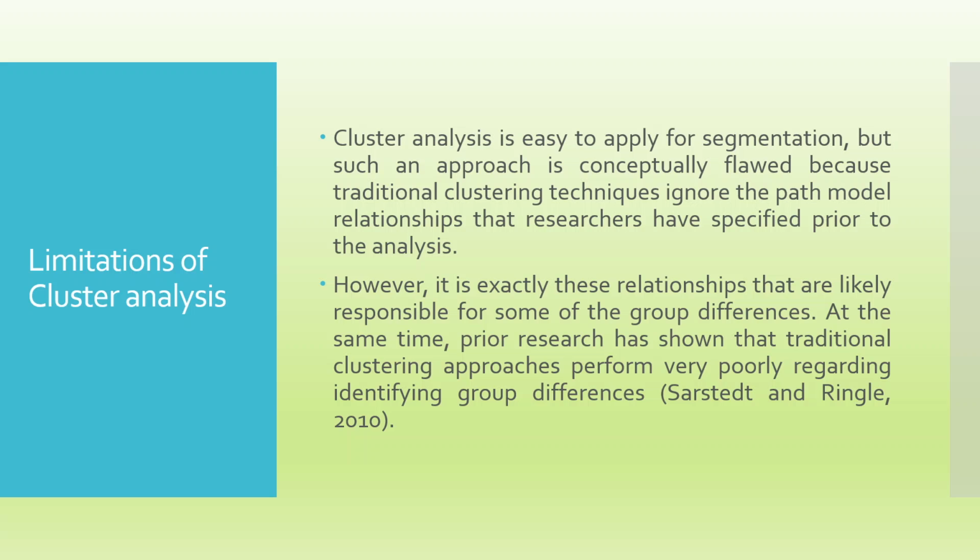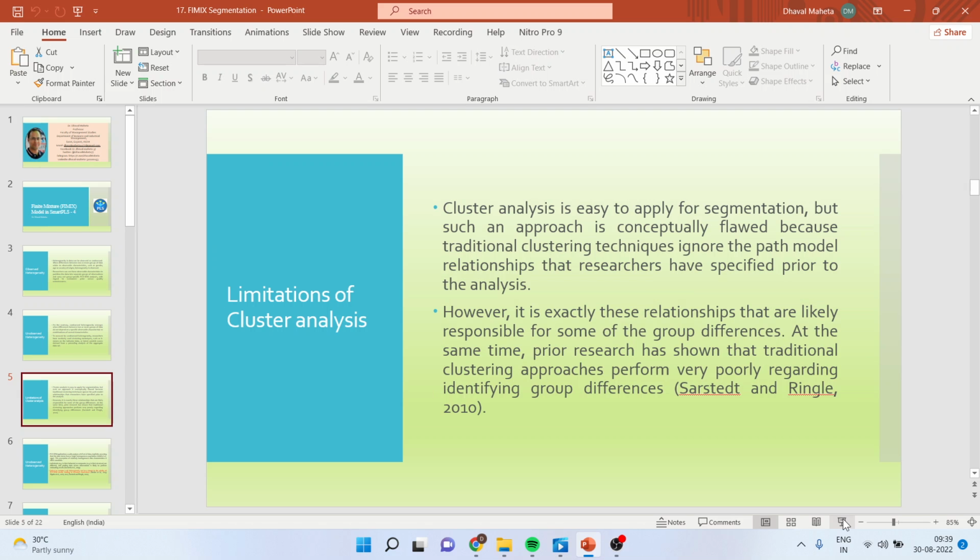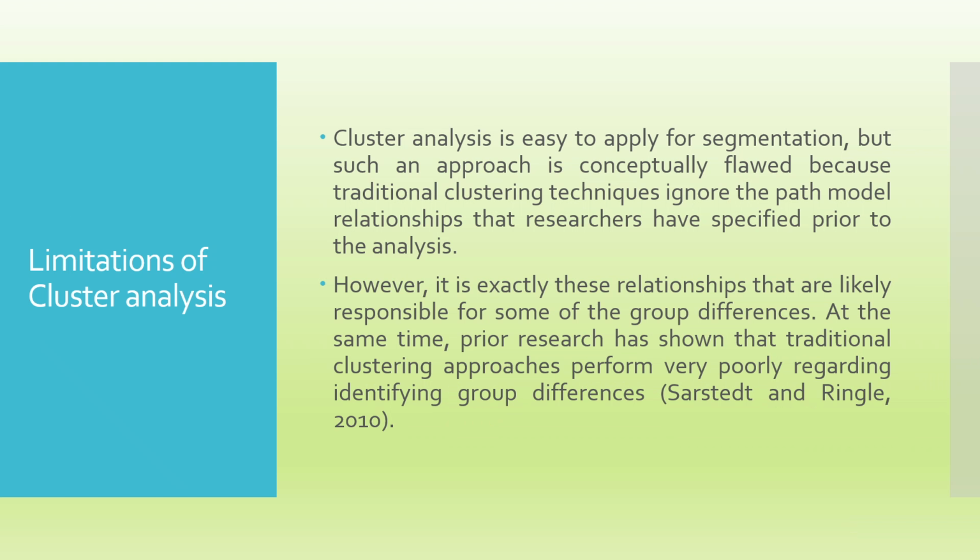It is very easy to apply for segmentation, but we cannot apply it in a path model. According to research done by Professor Sarstedt and Professor Ringle, the traditional clustering approaches perform very poorly in identifying the group differences.